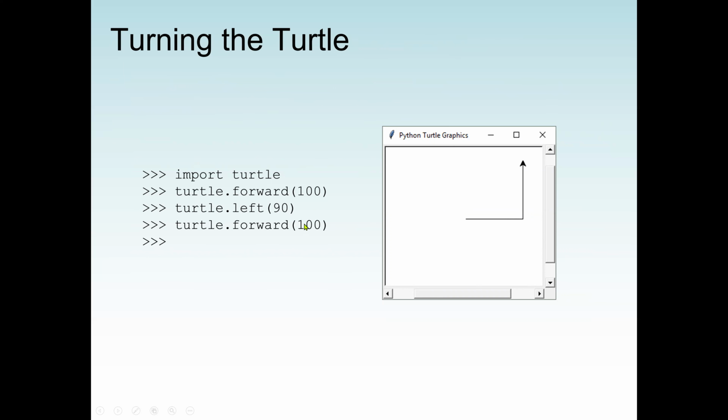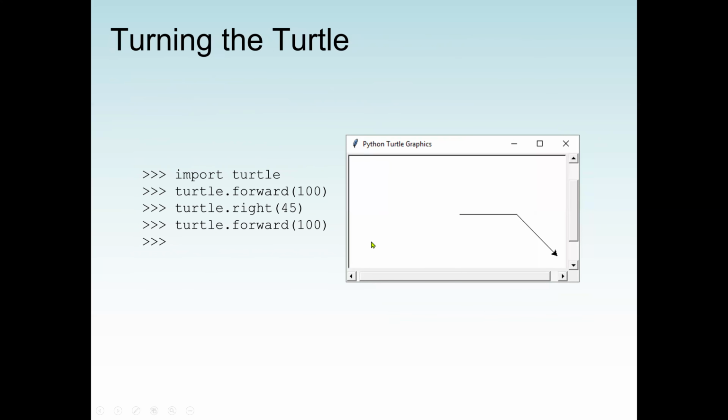It can be any number of pixels. So we can see at the beginning we have forward 100, which is our horizontal line. Then the left 90 changes the direction of the turtle to up by 90 degrees, as we can see at the intersection, 90 degrees. Then we move 100 pixels, so we go up 100.